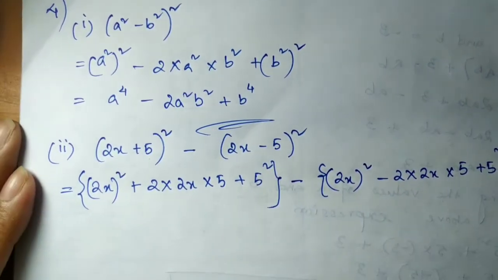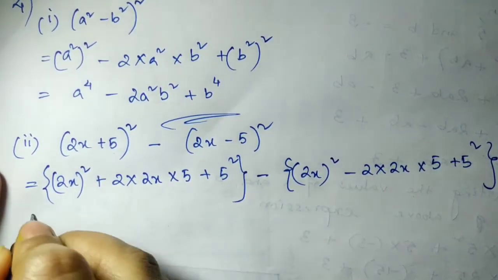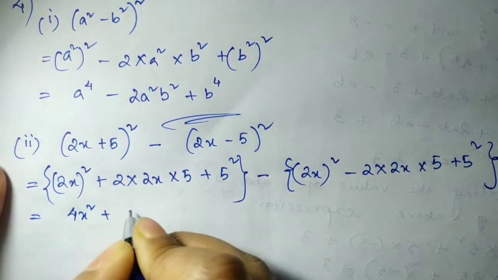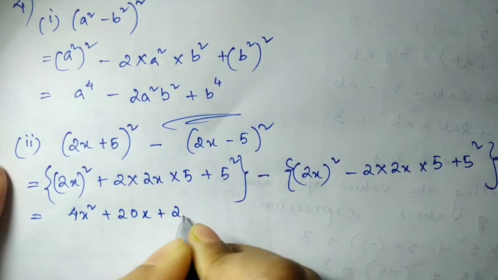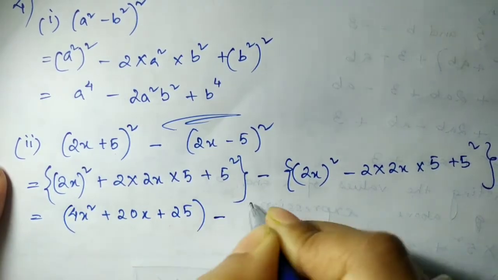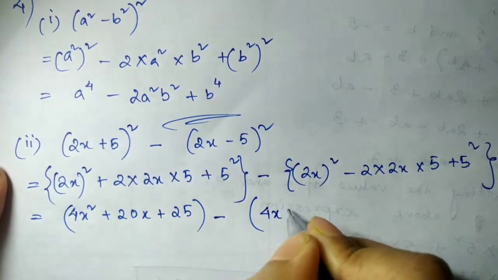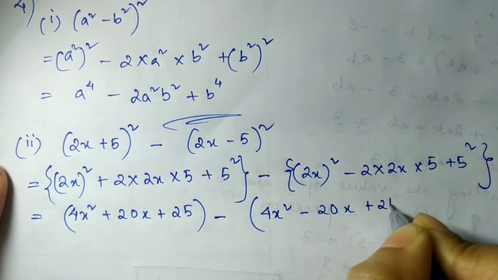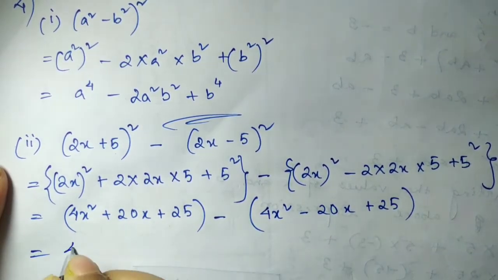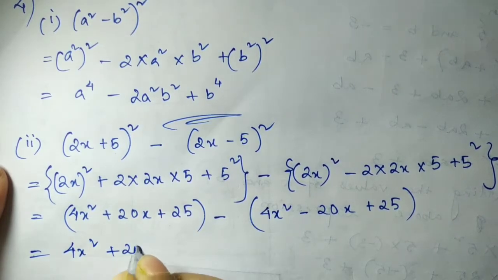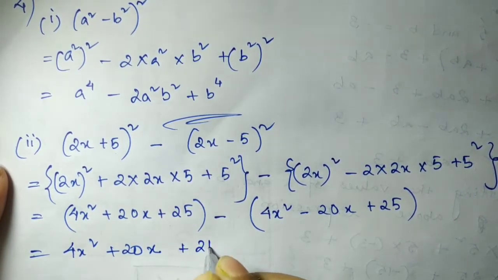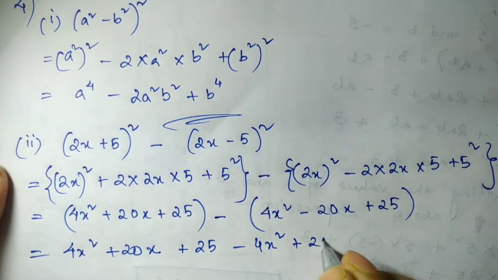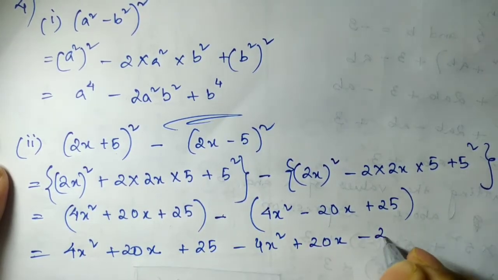So this is the solution here. Let's solve it. 4x square plus 2 into 4, 5 is 20x plus 25, okay, minus 4x square minus 20x plus 25. Let's open the bracket. 4x square plus 20x plus 25 minus 4x square plus 20x minus 25.